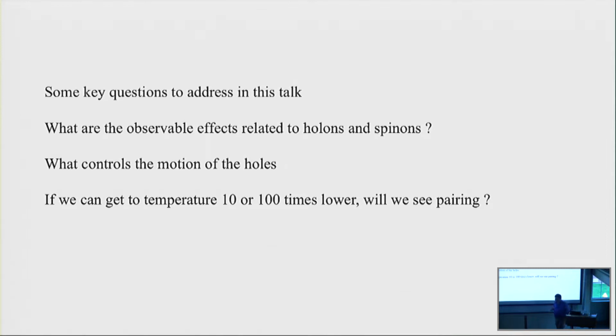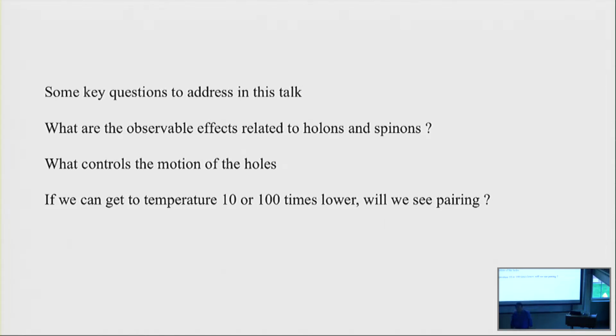Some of the questions I would like to address in the talk: what are the observable effects related to holons and spinons, if there is such a thing, and what controls the motion of the holes? I think we heard two talks yesterday, one experimental and one theory, from the Harvard group. The third question, which I'll come to at the very end, is: suppose we are able to get to a temperature 10 times lower, say maybe 50 times lower, in the two-dimensional Hubbard model.